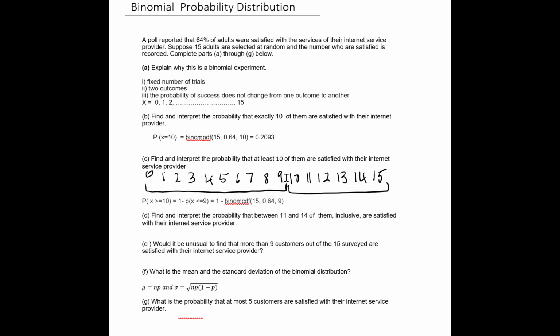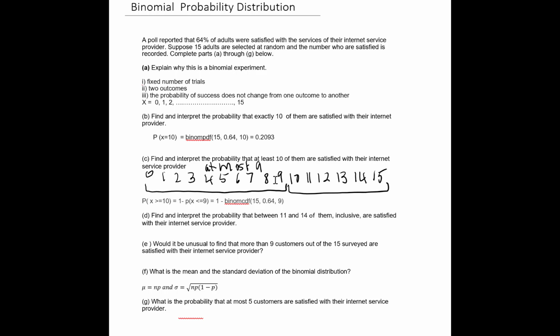The numbers 9 all the way down to 0 are the ones that we don't want, but we want 10, 11, 12, 13, 14, 15. If you look at the numbers from 9 and below, that means it's at most 9.